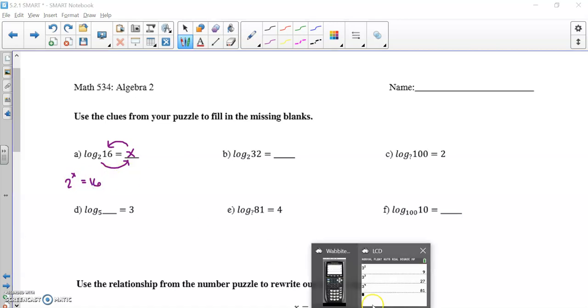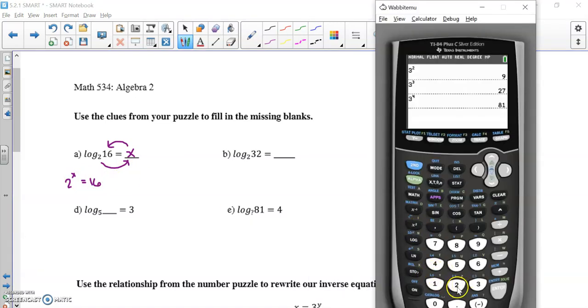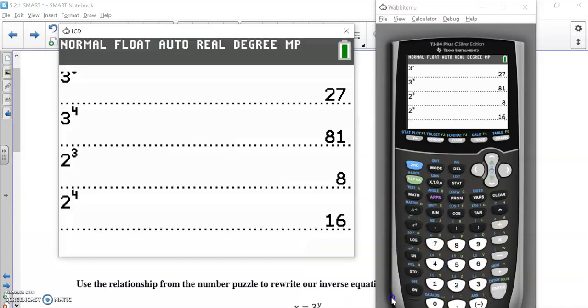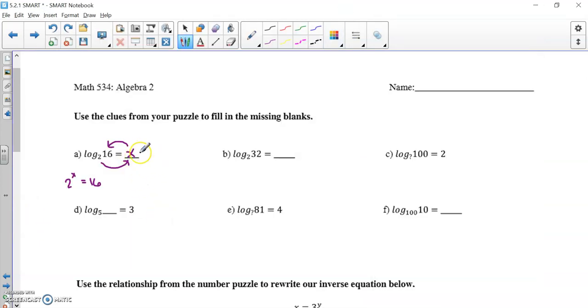So that's when you have to just play the game and be like, 2 to the what equals 16? We test it out. Let's just try 3. 2 to the third is 8. That's too small. So let's try 2 to the fourth, see if it works. And sure enough, 2 to the fourth does equal 16. So we got what we wanted.